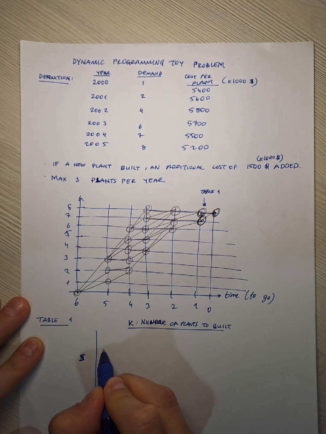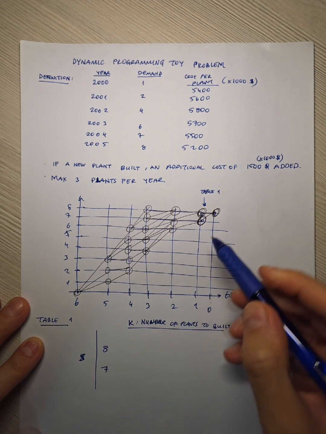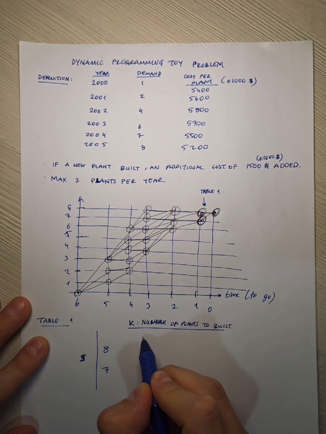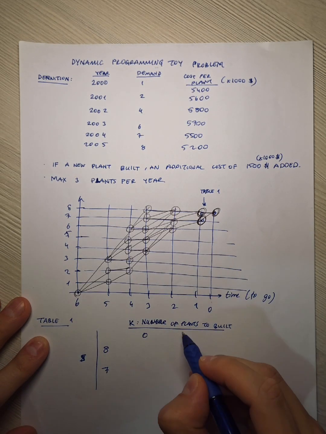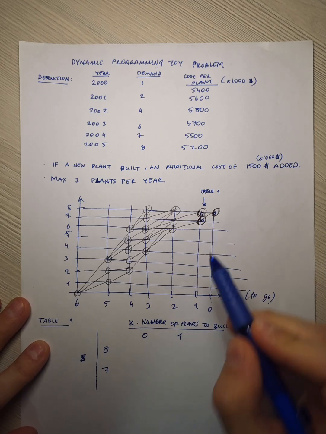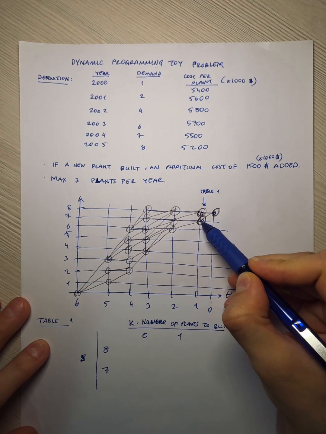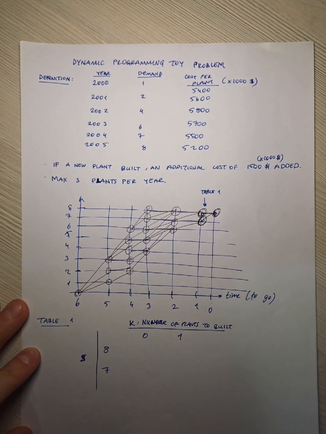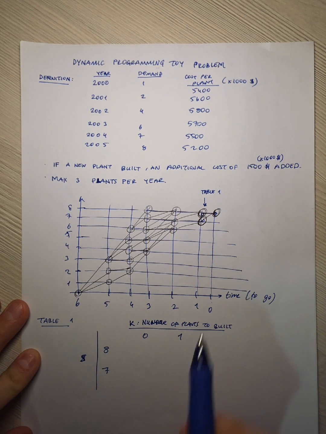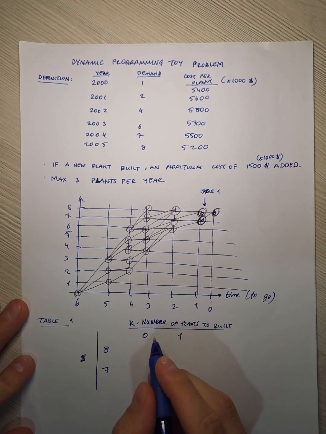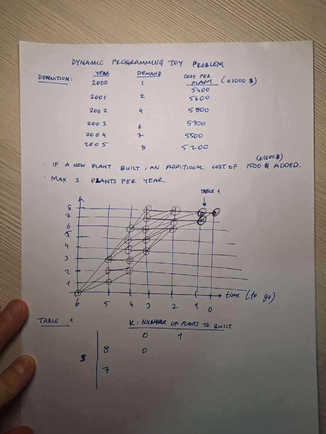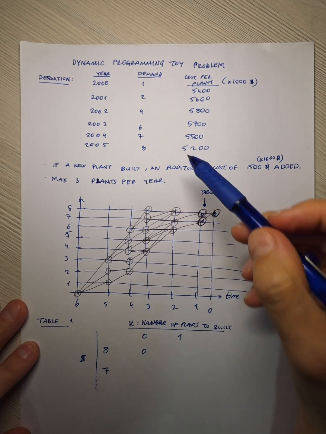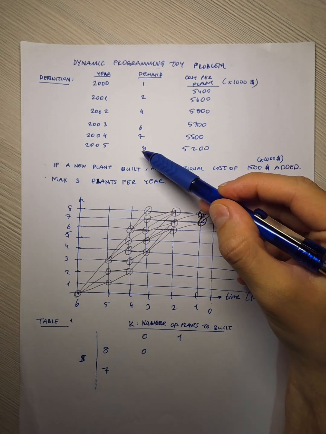Okay, so our state can be 8 or 7, so we can either build 0 or 1. So if we build 1, we just go 1 box up. If we don't build, we just continue. So the cost of not building anything is 0. Okay, let's use another constraint. So maximum we should have 8 plants.